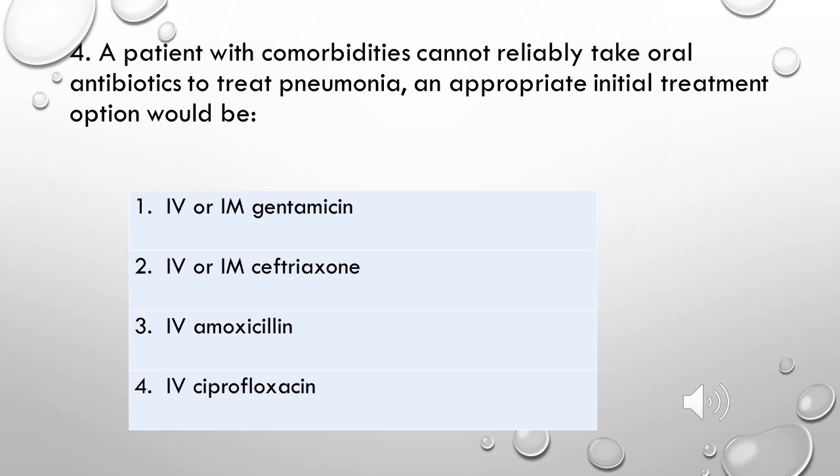If the patient is over age 60 years or has comorbidities, is stable enough for home therapy, but oral intake is not assured, home parenteral therapy is an option. The drugs of choice for these patients are ceftriaxone, 1 gram daily via IV or IM, or levofloxacin, 500 milligram IV daily.